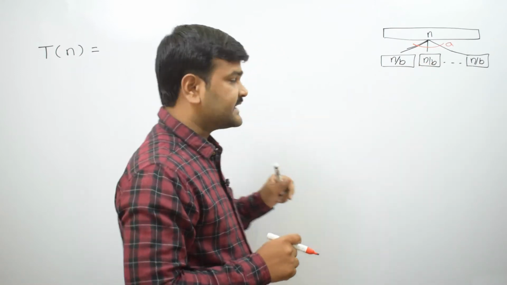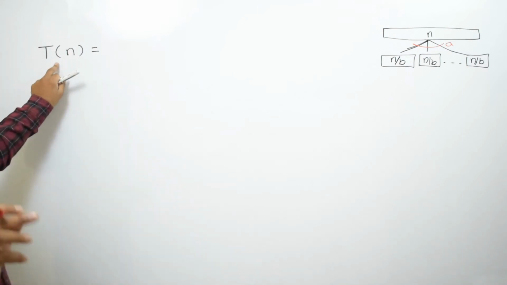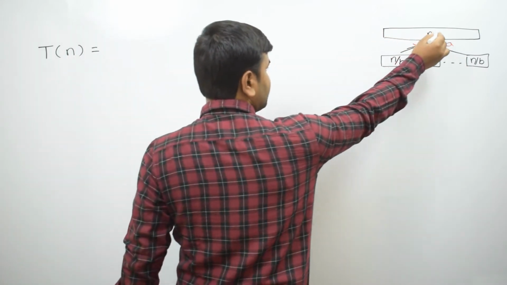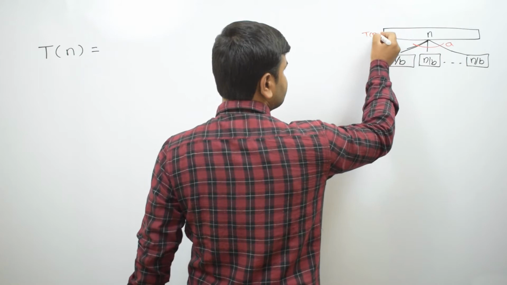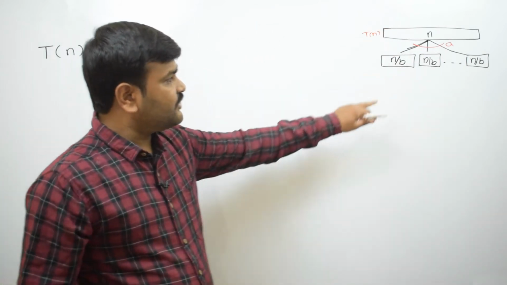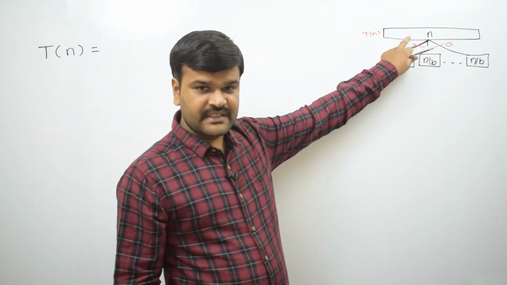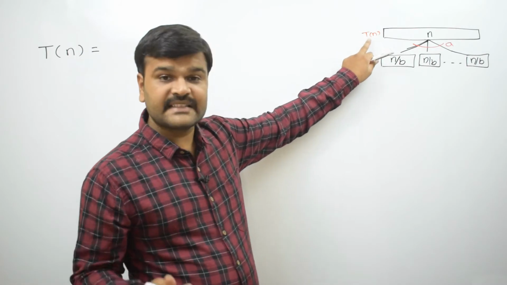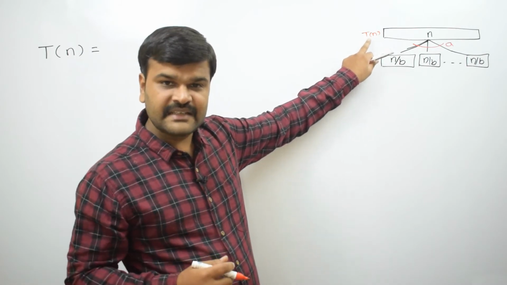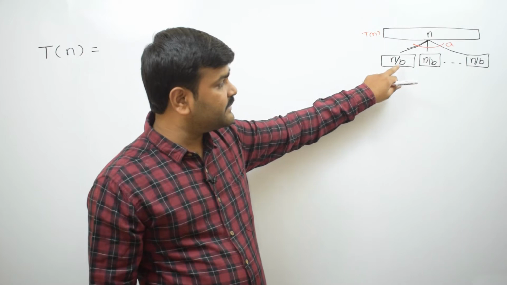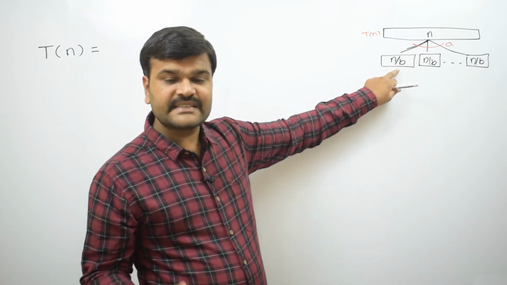Here, T of n means the time complexity for this problem. Whenever you have an n-size input, the time complexity is represented as T of n. Now, whenever you have n by b input, what is the time complexity?